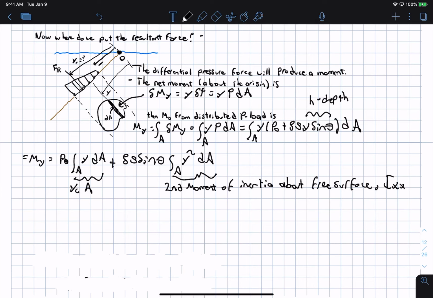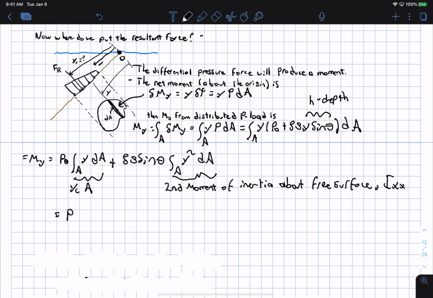Okay, and so this is just the moment of inertia about the axis. If you remember in statics and mechanics of materials, you dealt with that all the time. For a rectangle, it's 1/12 b h cubed.